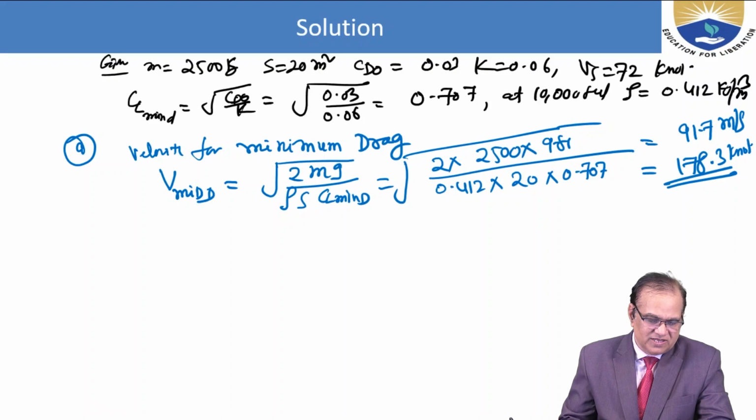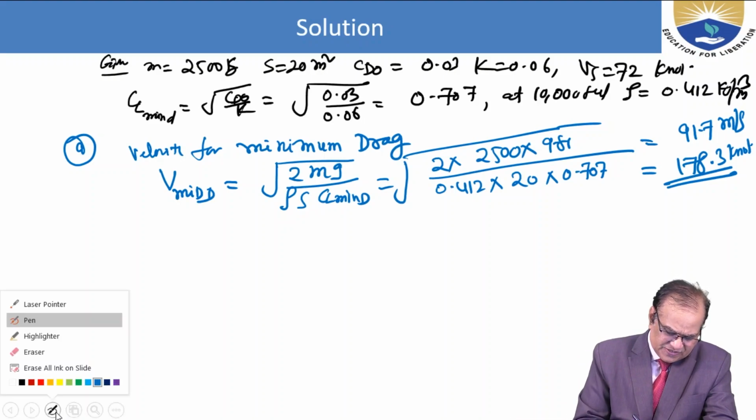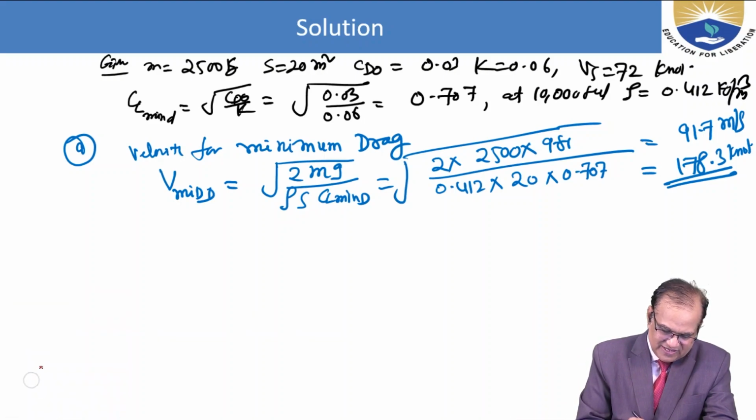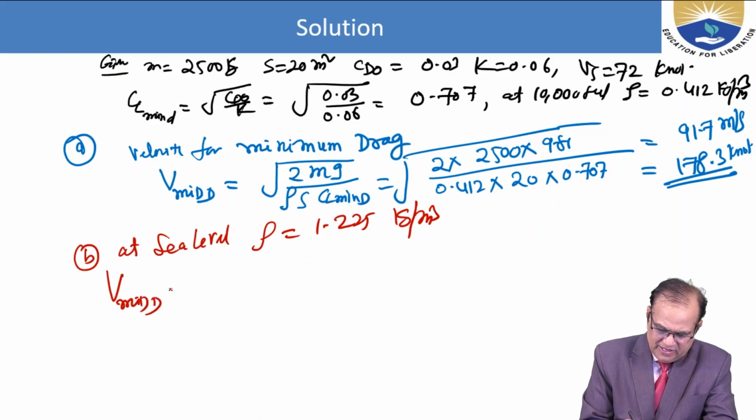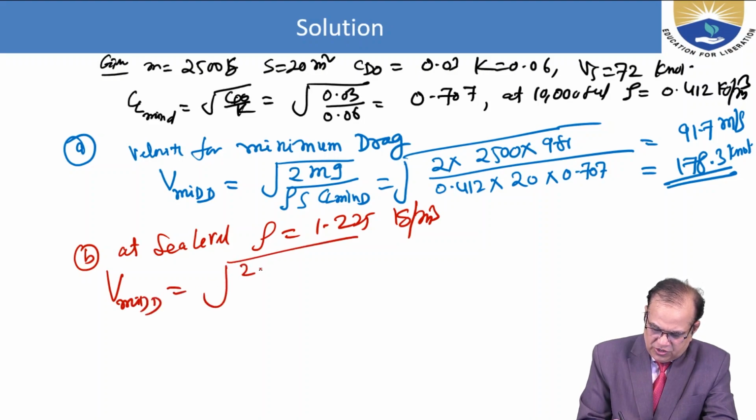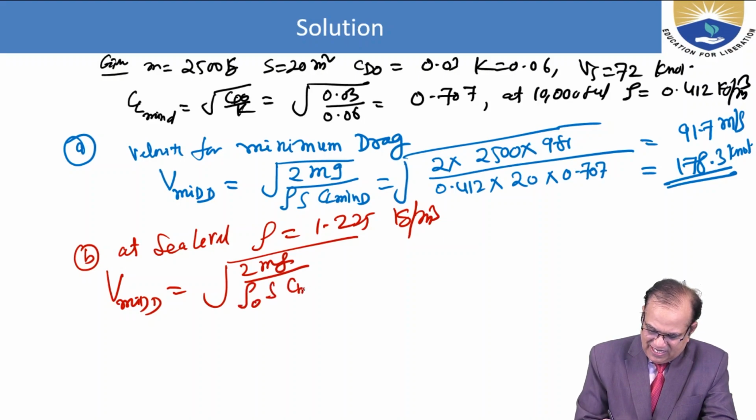Now again we will see at sea level what we are getting. So B, at sea level, rho is 1.225 kg per meter cube. So V minimum drag is equal to square root of 2 mg by rho S CL minimum drag.